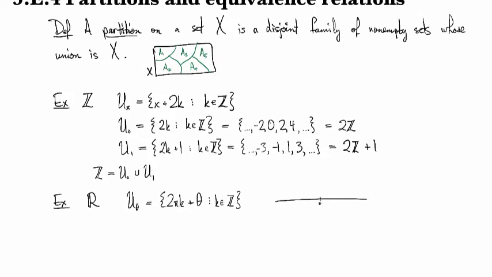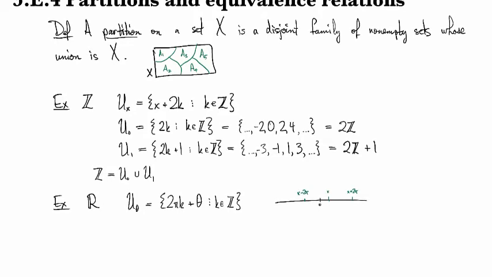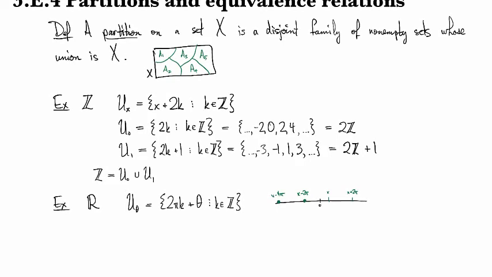Here's 0. Then maybe if this is my x right here, over here there's x plus 2 pi, and over here there's x minus 2 pi, and x minus 4 pi, and so on and so forth, right? So the set that I'm interested in is all of the green.